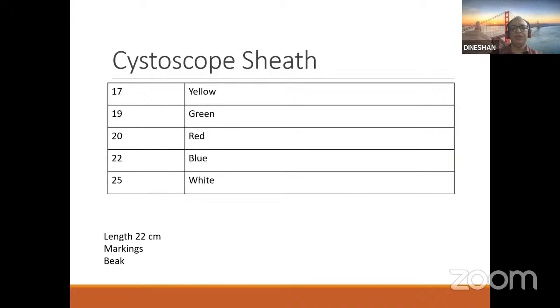These numbers are the diameter in French size, 17 French to 25 French, and it is all color coded: 17 is yellow, 19 is green, 20 is red, 22 is blue, and 25 is white. And all these sheaths have a standard length of 22 centimeters.